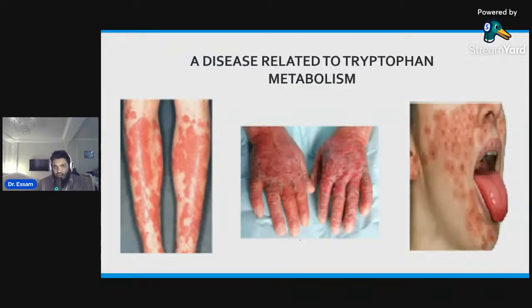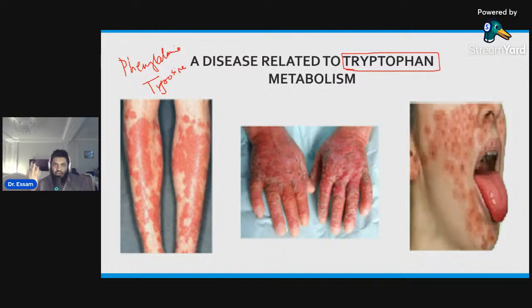Okay. Now, coming to the disease related to tryptophan metabolism. So far, we saw diseases related to phenylalanine. Then we saw diseases related to tyrosine. And finally, we are going to see a disease which is related to tryptophan metabolism.